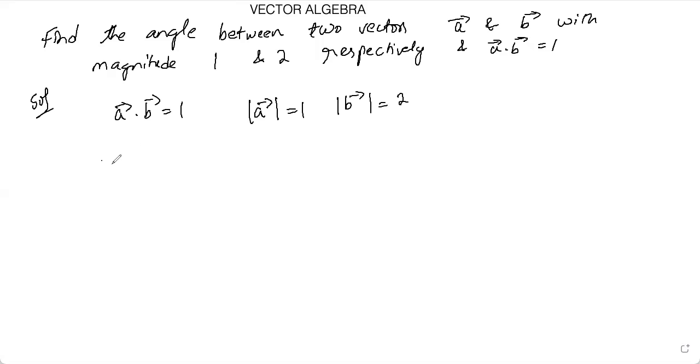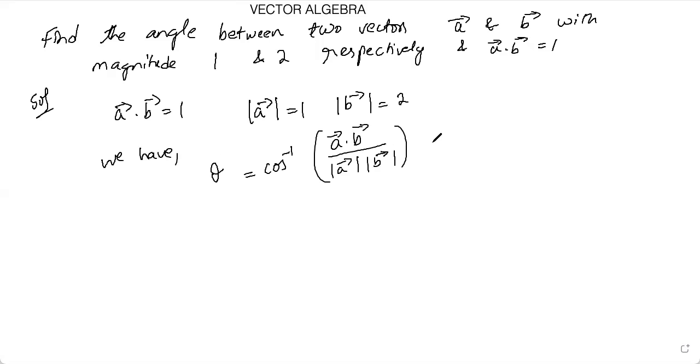Now we have theta, which is cos inverse of a dot b by mod a mod b, which is equal to cos inverse 1 by 2, which is equal to pi by 3. That is the angle.